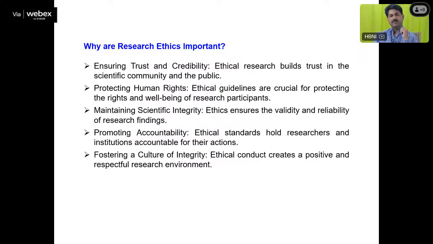We have to maintain the trust of people that whenever we are associated with such reputed organizations, they should believe that whatever we are doing is with proper ethics, and we are telling the truth during the research.